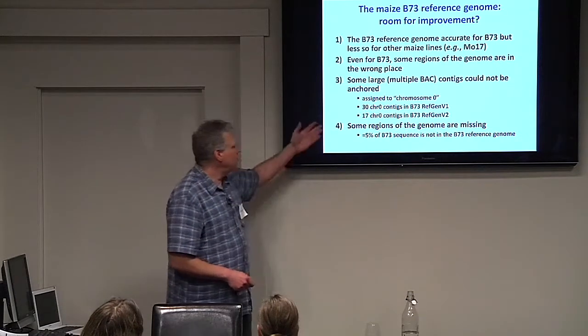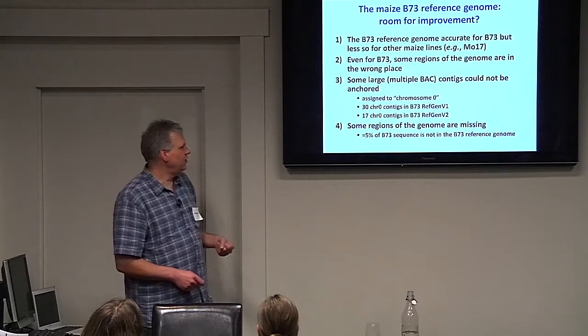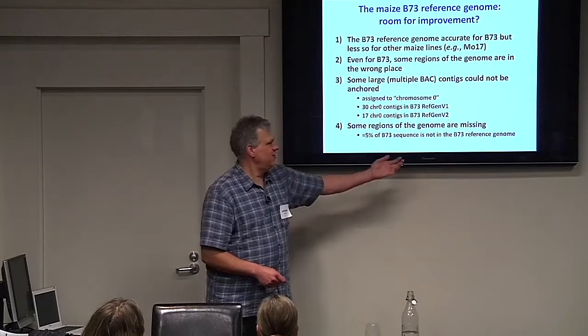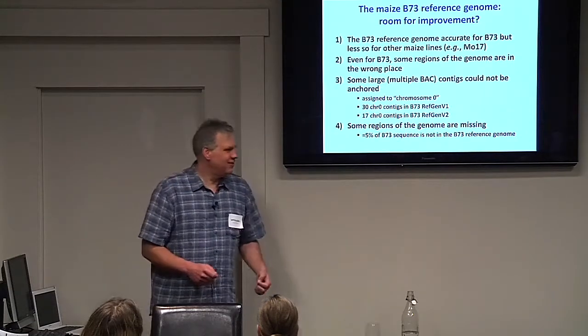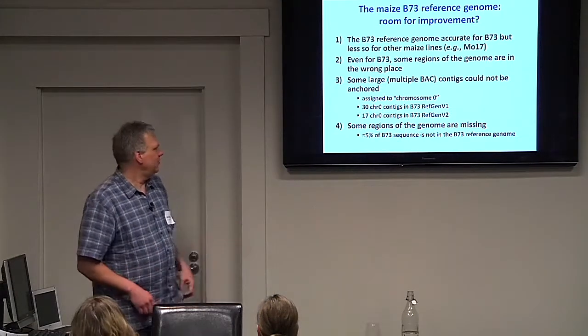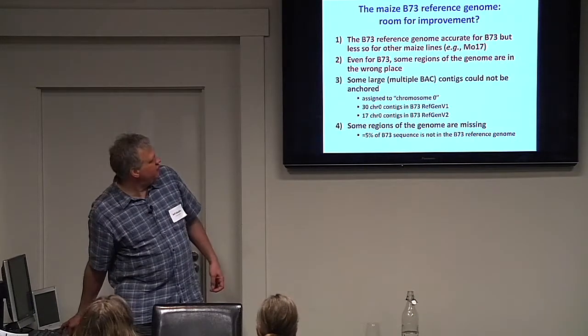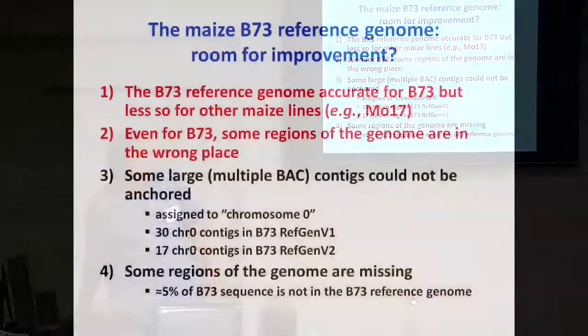Also, some regions of the genome are supposed to be there but are missing. There's actual B73 sequence that is not in the reference because they missed it. It's not even on chromosome 0. I'm just going to address the first two so I don't prattle on too much longer.